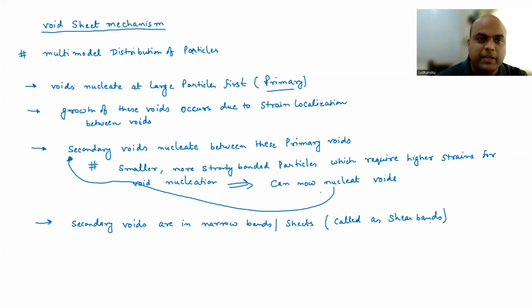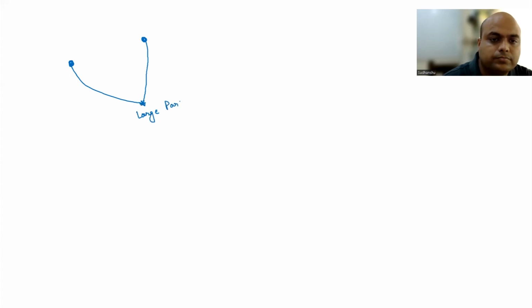Okay, now let me draw a schematic so that you can understand it better. So you have a distribution of particles. So suppose you have two big particles like this. So these are large particles. Okay, so void is going to now nucleate in these large particles first.